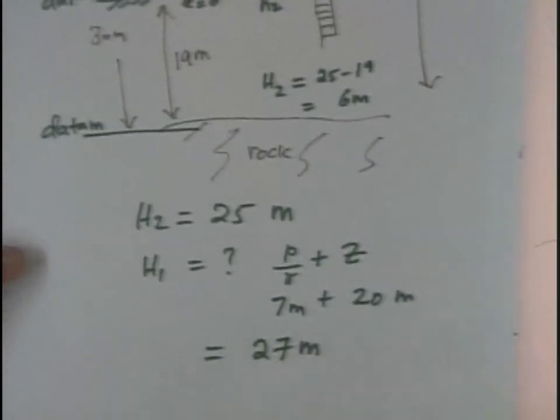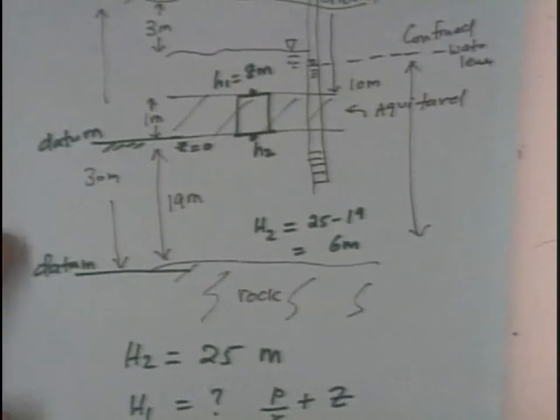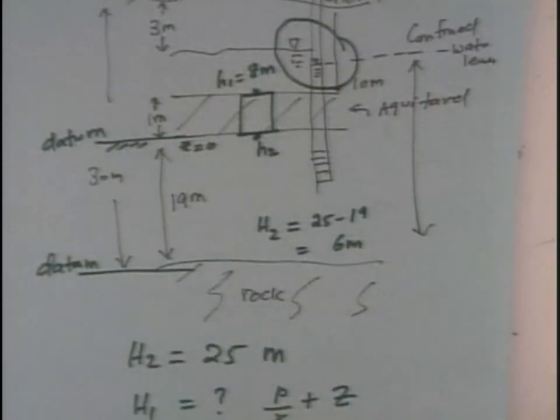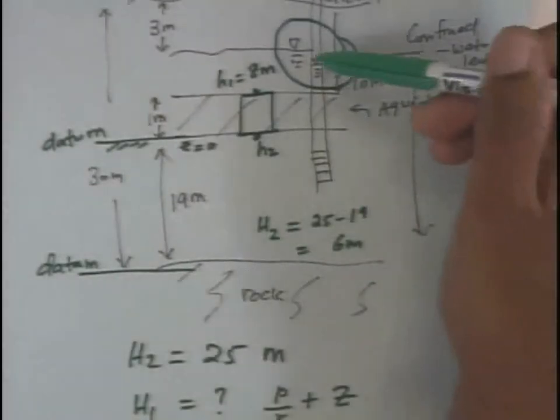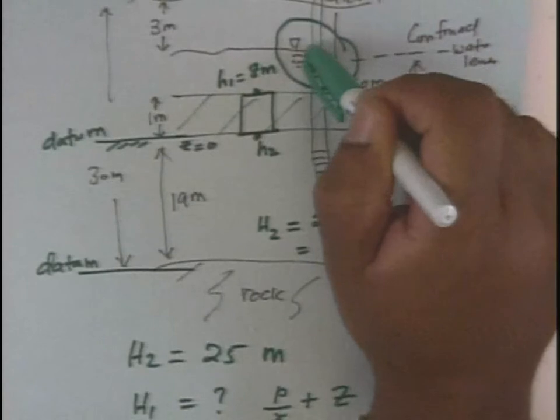Now tell me which has got more pressure, which has got more energy. H1. So what should be the flow direction? Down. Now a conceptual way to look at it, what I would do is I will simply look at these piezometers. If I put a piezometer in the unconfined unit, the water level will go up to this.